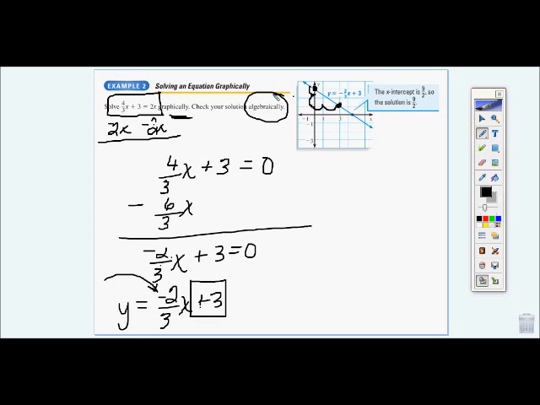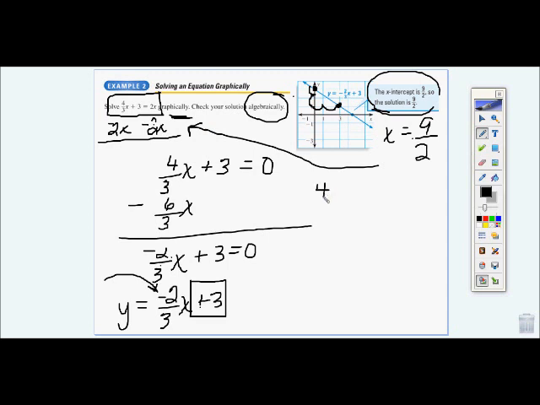So we're going to say that the x-intercept is about at 9/2 from our line that we graphed. So to check that algebraically, we're going to substitute in x equals 9/2 into our original statement.